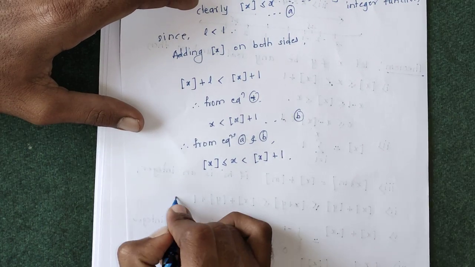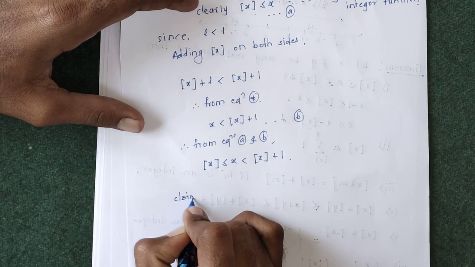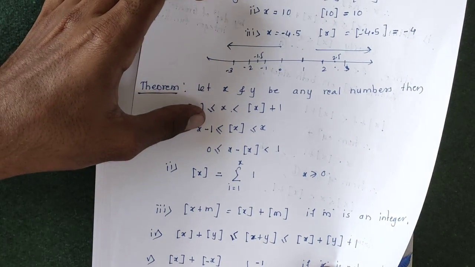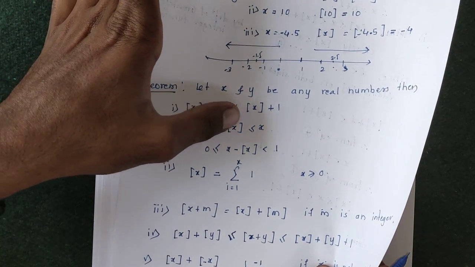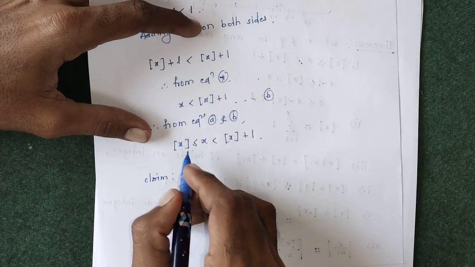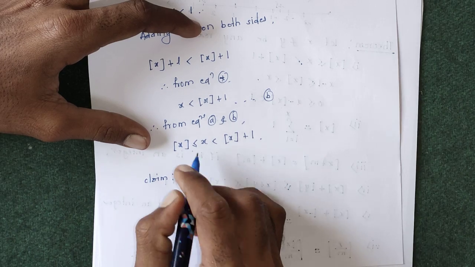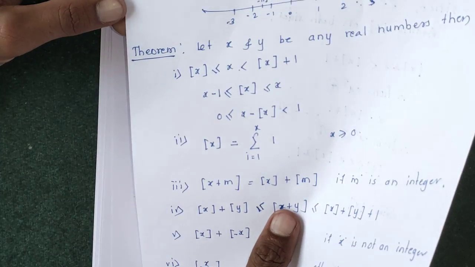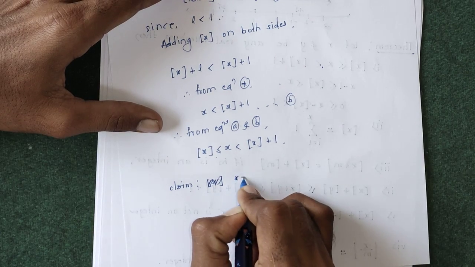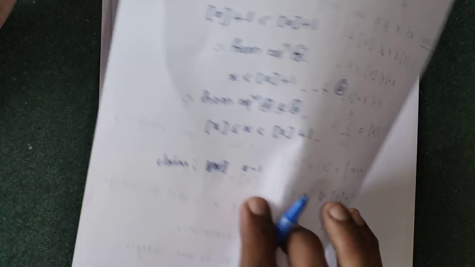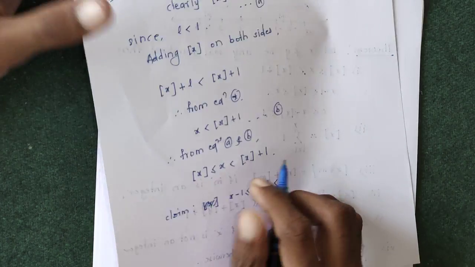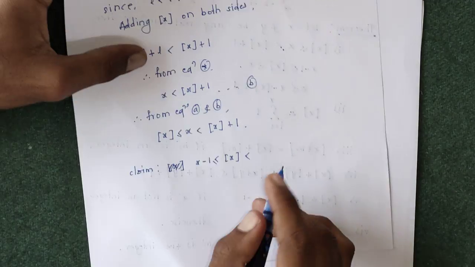In the first property we have another two claims. The next claim is x minus 1 is less than or equal to integral part of x, which is less than or equal to x.